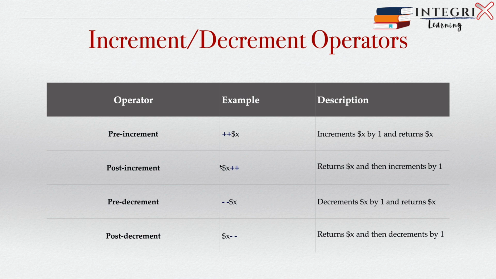The difference in post increment to pre increment is that in post increment it returns x first and then increments the value by 1. Predecrement is the reverse of that. It decreases the value of x by 1 and then returns it. Post decrement returns the value of x and then reduces it by 1.